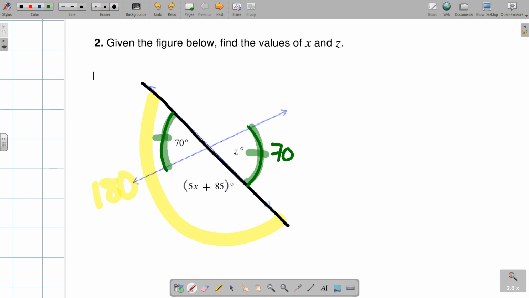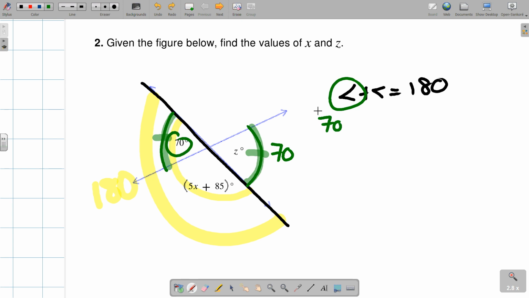If I want to find X, physically sweep like this, I see that those two angles add up to 180. One angle is 70, and then the balance of the angle is going to be 5x plus 85. You go ahead and do your algebra. I'm going to do mine. Look up when you're done and see if you get the same thing.